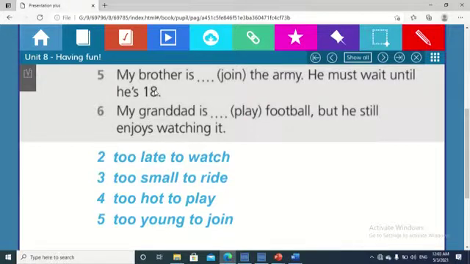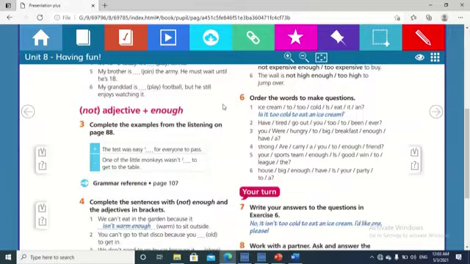He's too young. My granddad is too old to play football, but he still enjoys watching it. So you can notice that whenever you have too, it has a negative meaning because it means that you can't do something. Okay, so this is the meaning of too with adjectives.